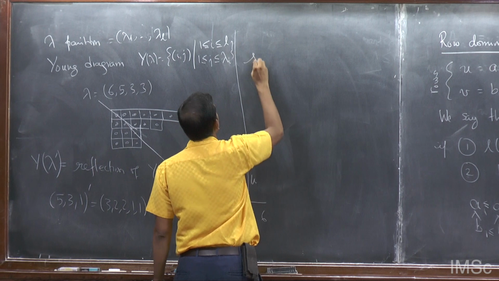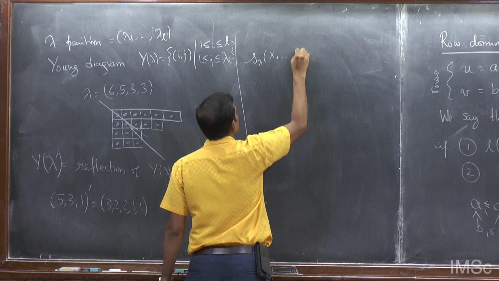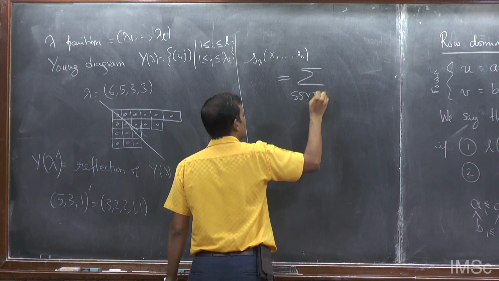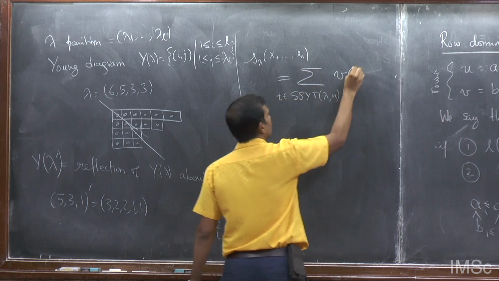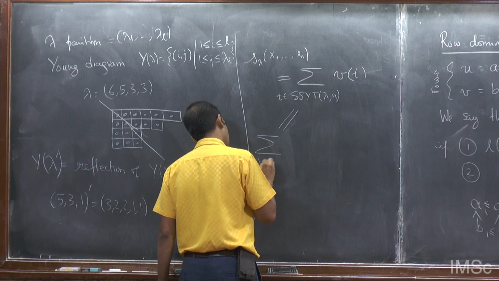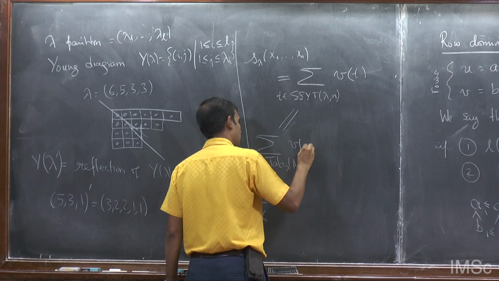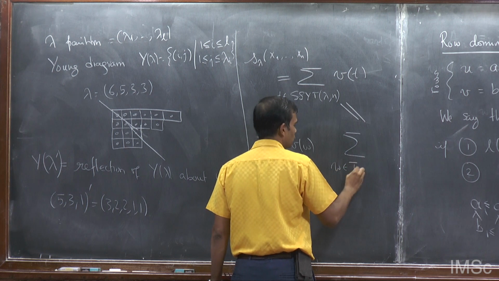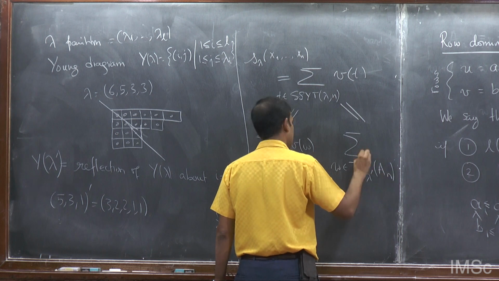So, I told you earlier that s lambda of x 1 to x n can be written as a sum over one type of word, or as a sum over w belonging to the tableaux of shape lambda prime in A n.